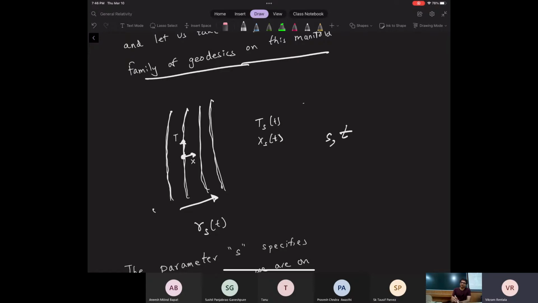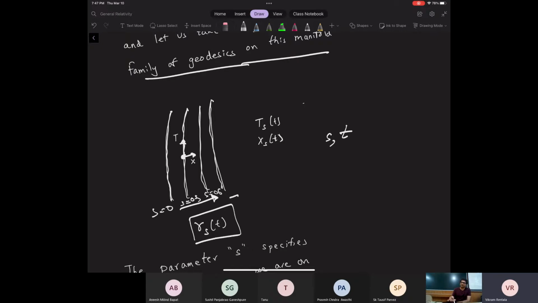So if s is equal to 0, maybe I'm on this geodesic. If s is equal to 0.5, I'm on this geodesic. If s is equal to 0.6, I'm on this geodesic, and so on. And you imagine that s varies continuously. So as I vary s, I'm continuously getting nearby geodesics to my original geodesic. So this defines a family of geodesics, which I'll denote as gamma_s(t).